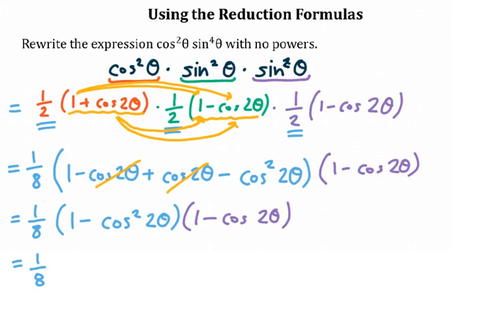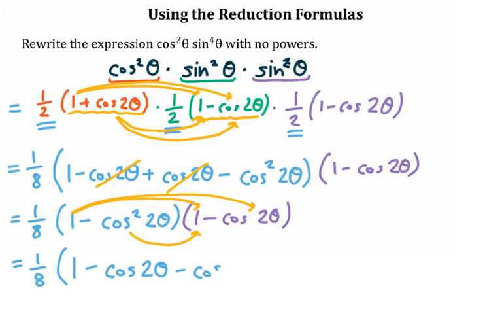Alright, so if we keep multiplying, we're going to start off again with the 1 times the 1, so that'll give us a first term of 1. Then we'll do 1 times negative cosine 2 theta, which gives us negative cosine 2 theta. Then we're multiplying negative cosine squared of 2 theta times 1, which gives negative cosine squared of 2 theta.